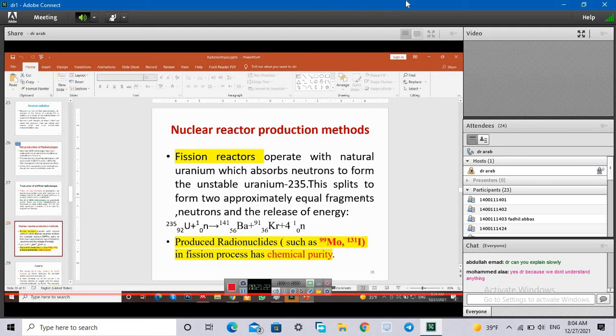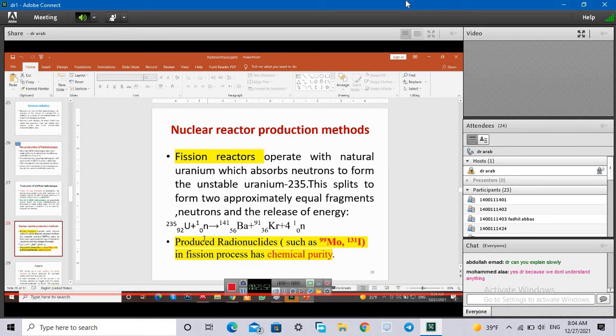And the main point about the fission reaction is the high chemical purity of the radioactive daughter produced. The common radionuclide daughters produced through this method are molybdenum and iodine.